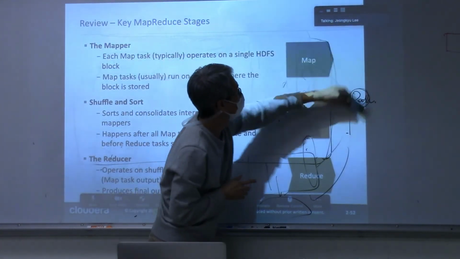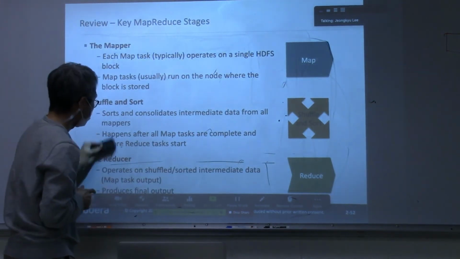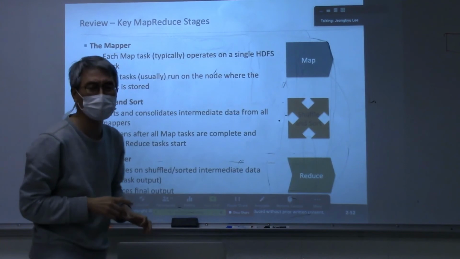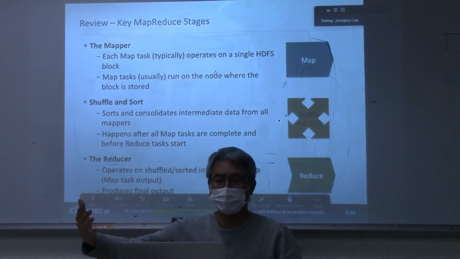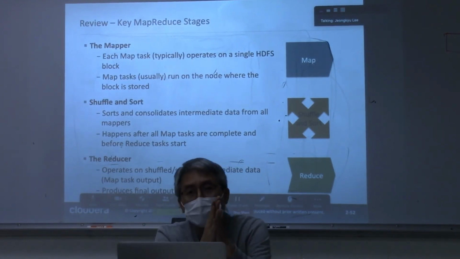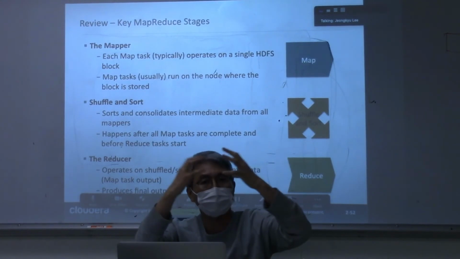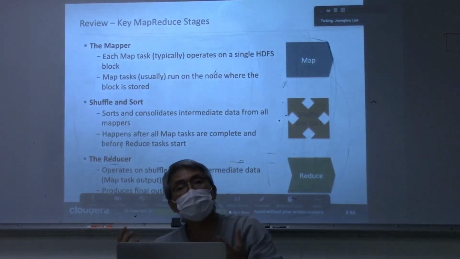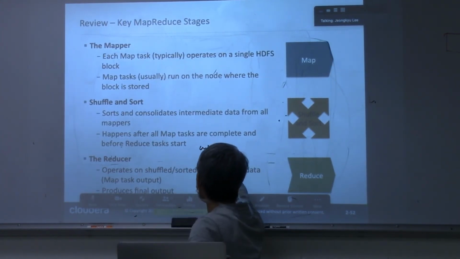However, in the middle, there is something called shuffle and sort. Shuffle and sort means if we send each key and value, it's a network overhead. To reduce such network overhead, if I can combine together in the mapper, one block, we can save. For example, we have "and" 1, "and" 1, "and" 1.